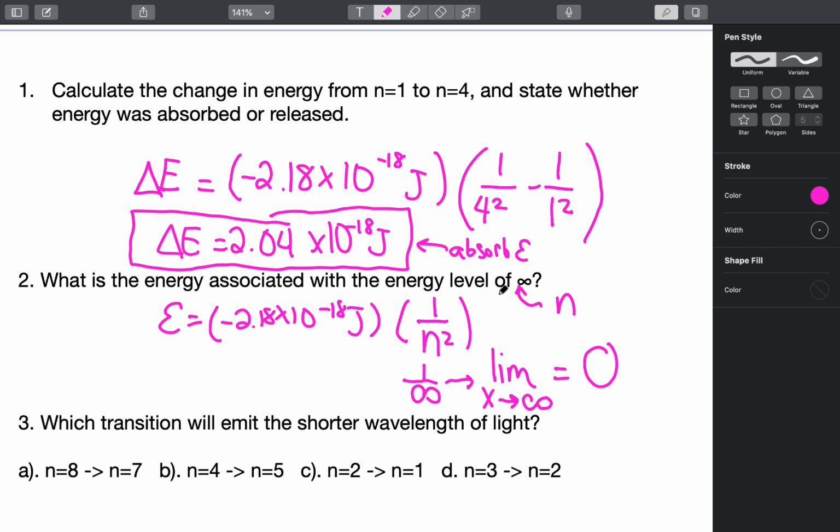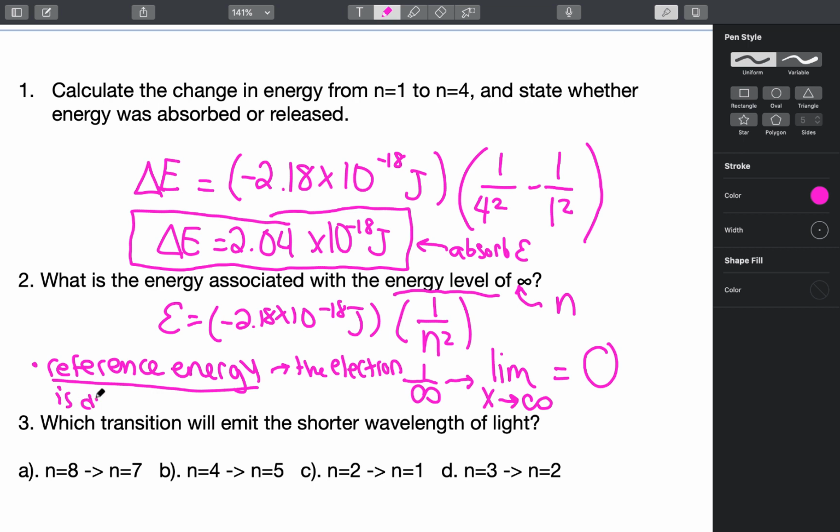In fact, this energy level at infinity is referred to as the reference energy, and that's because it has 0 energy. At the reference energy, the electron is dissociated from the atom. So this is the reference energy level.